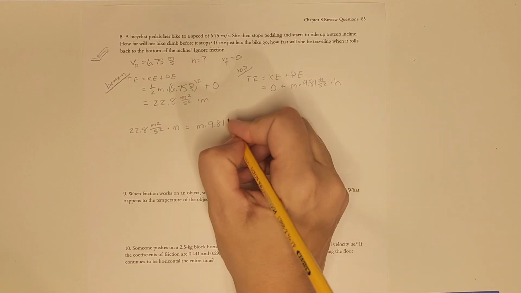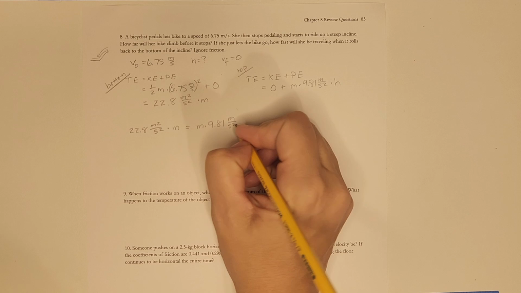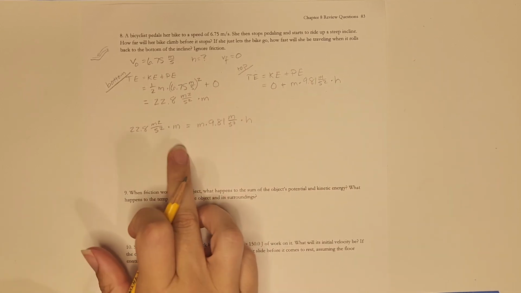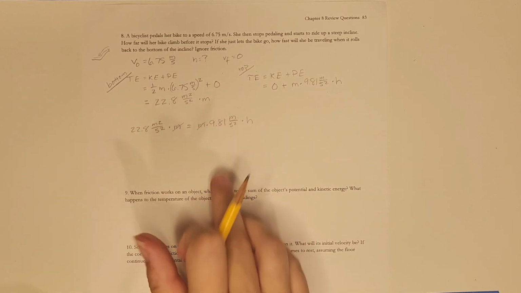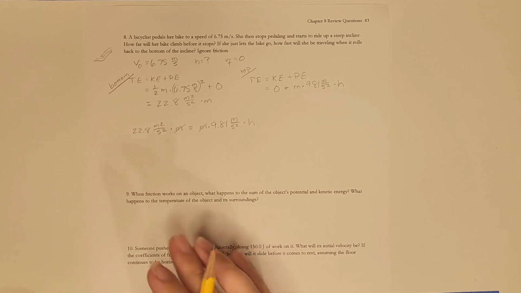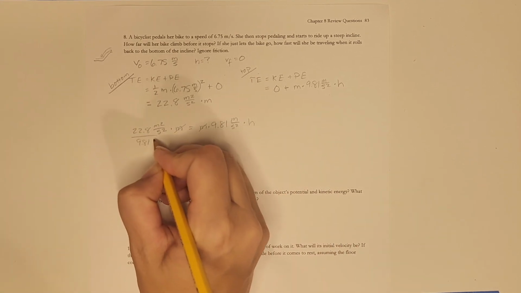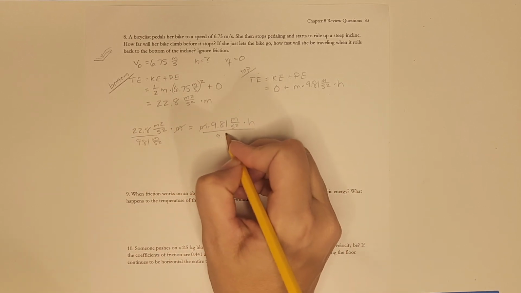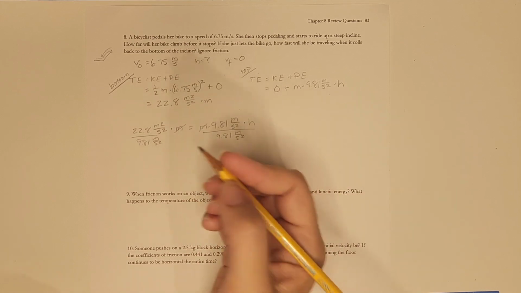I'm just rewriting each of these into a new equation. Okay, just like before, we can cancel out mass because it's part of both expressions there. Then we'll divide both sides by 9.81 meters per second squared, trying to isolate this height here.